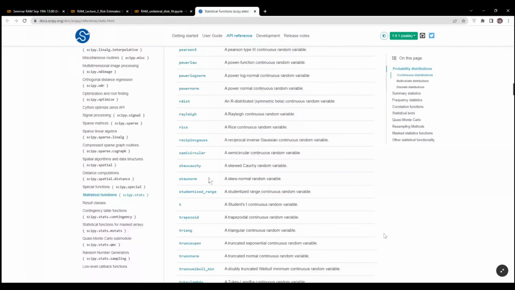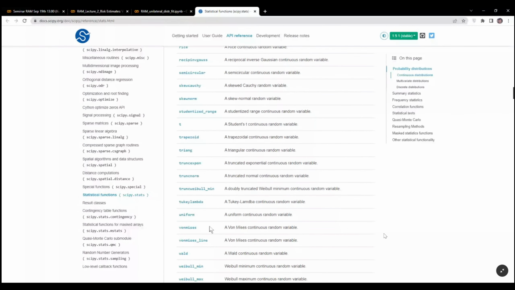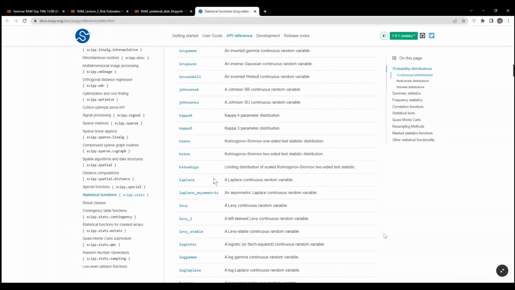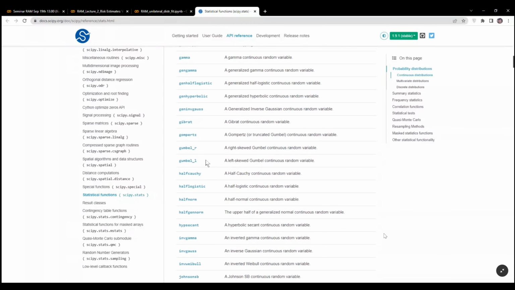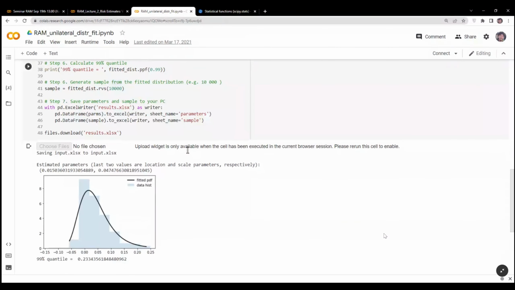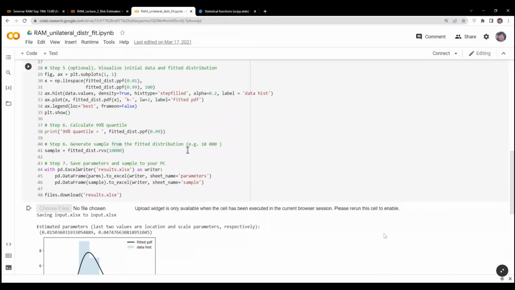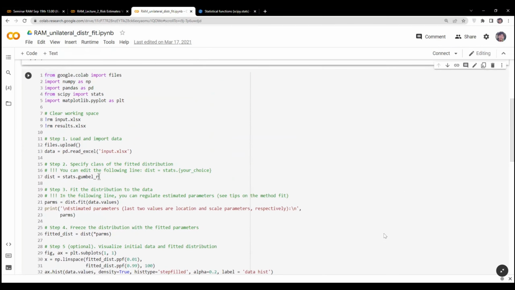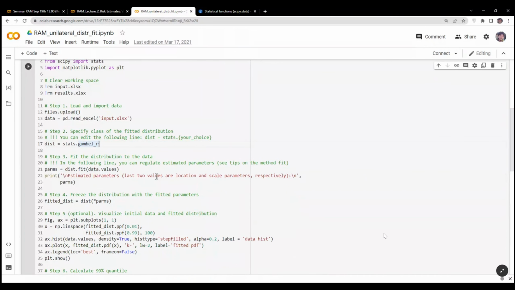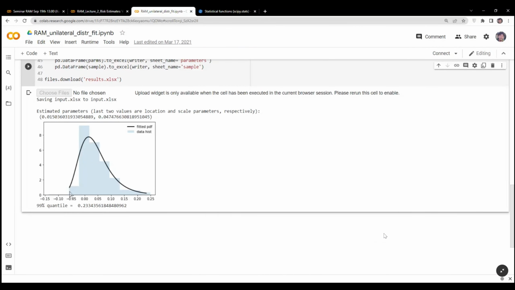You can find here skewed norm, skew normal random variable, and other distributions. Let's use one distribution from my case here. Which distribution did I use? Okay, I used the right-skewed Gumbel distribution. It's slightly skewed right here. So it looks like this.